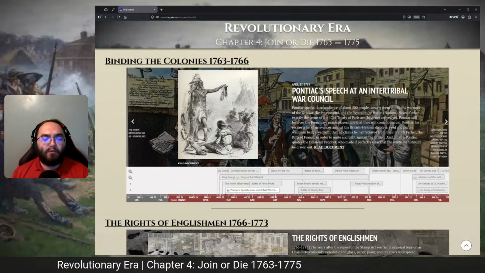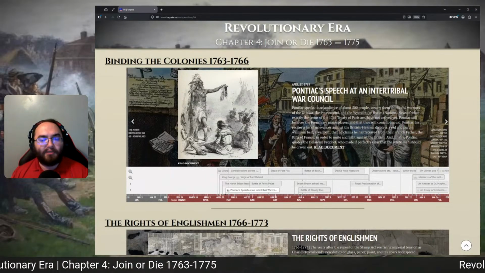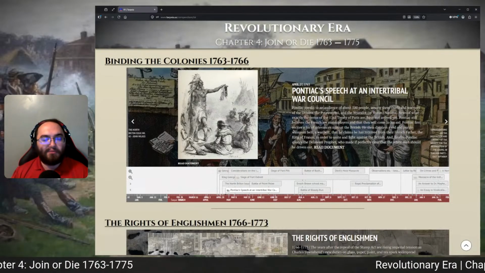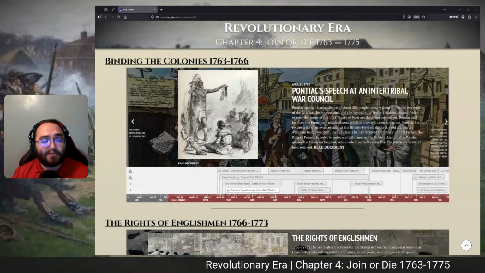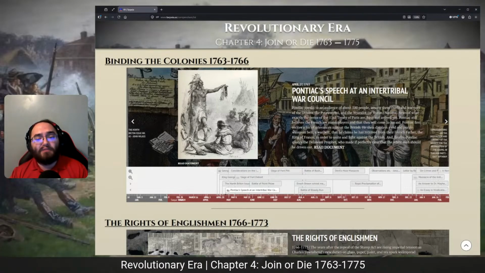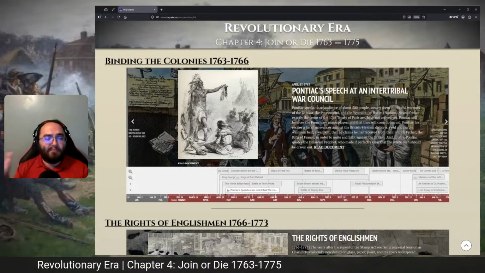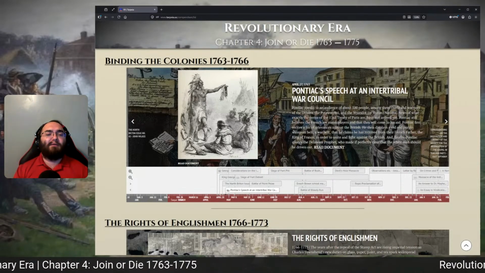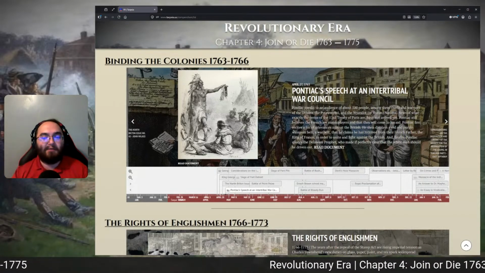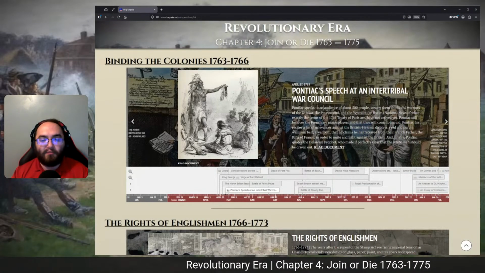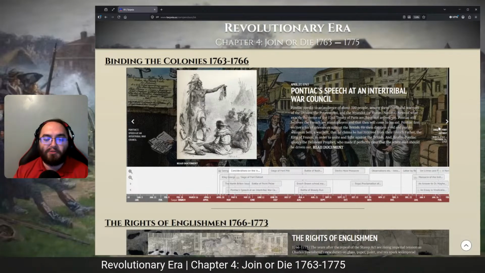Some of them will surrender and make treaties with the British early in the conflict. Some will continue fighting long after Pontiac surrenders. And so even though we name it after Pontiac, he's not the only leader, and not all Native Americans are rallied behind him. He's just a coalition leader of a small Native American coalition.